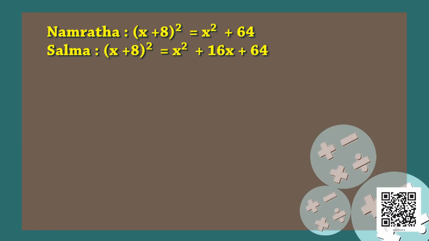Again Salma is correct, because x plus 8 whole square means it is not just the square of x and the square of 8. In that way Namrata has done. Do you remember the first identity, a plus b whole square is equal to a square plus 2ab plus b square. Like that only Salma has done it. Therefore, she got the answer as x plus 8 whole square is equal to x square plus 16x plus 64.